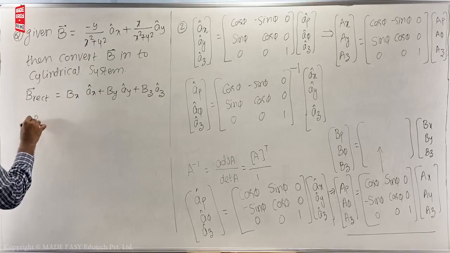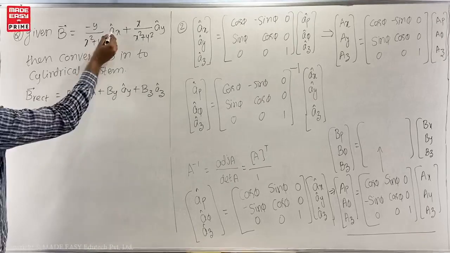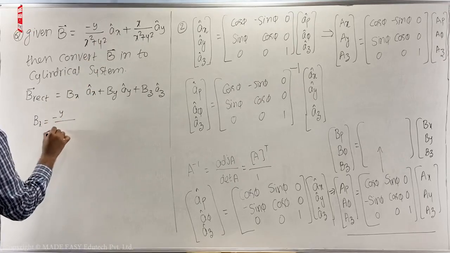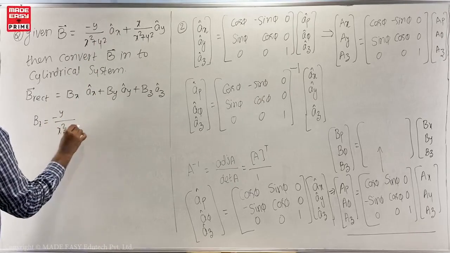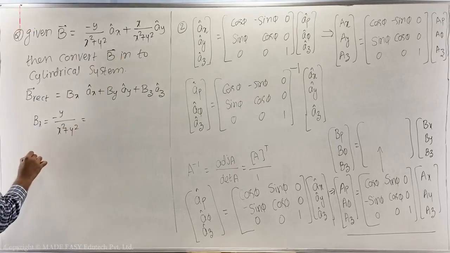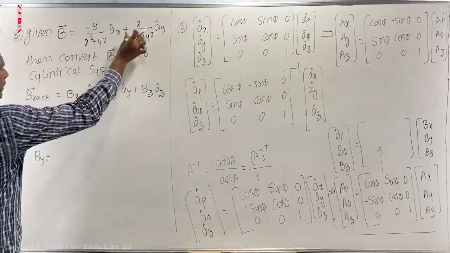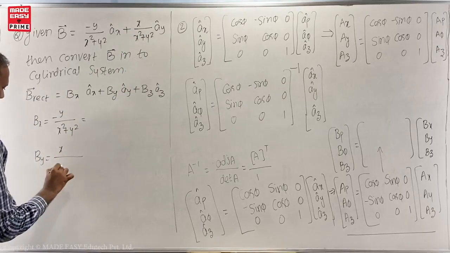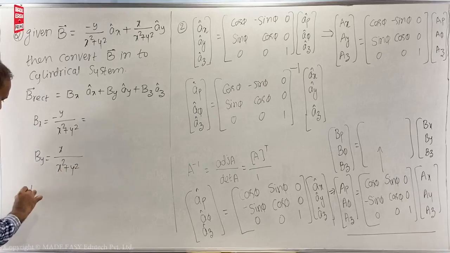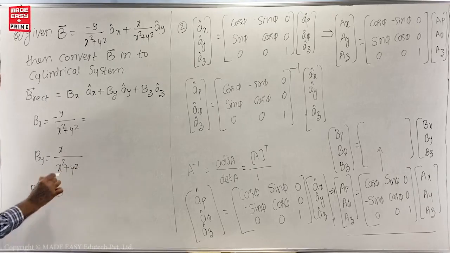Now here bx is equal to, beside ax cap, this one. And now what is by? By is equal to, beside ay cap, x by x square plus y square, and bz is equal to 0.